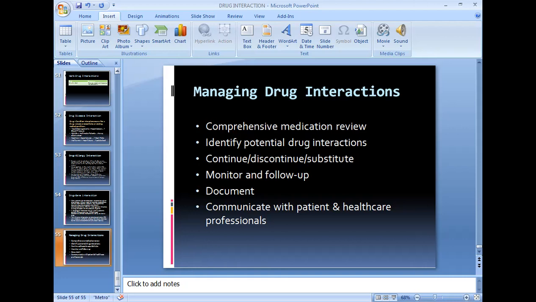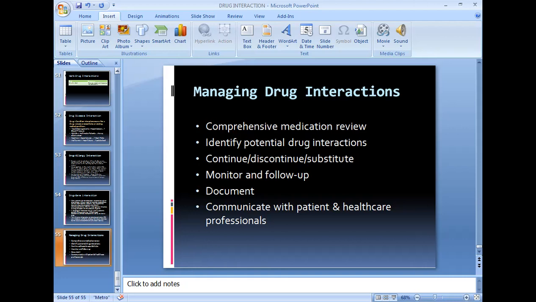And continuously monitor and follow up can also be a strategy to manage the drug interaction, so the exhibition of drug interaction can be tracked on time.